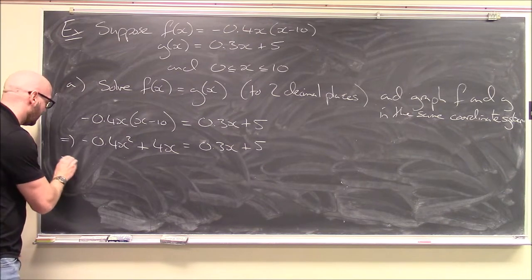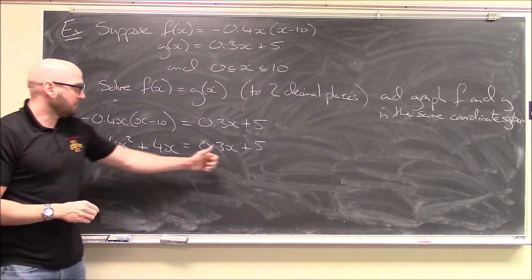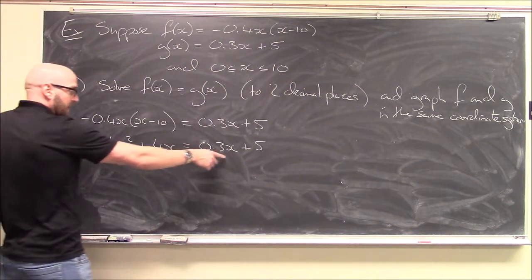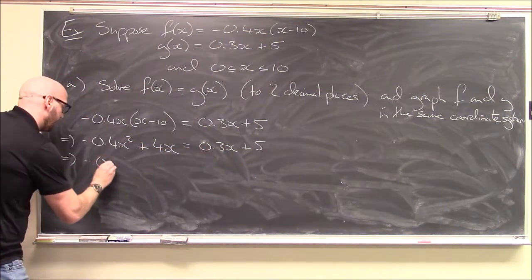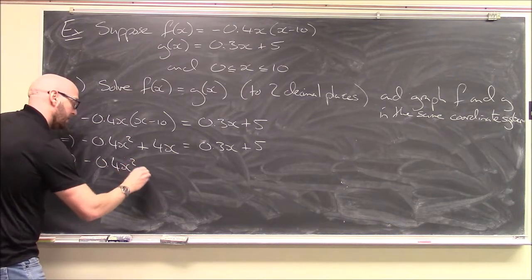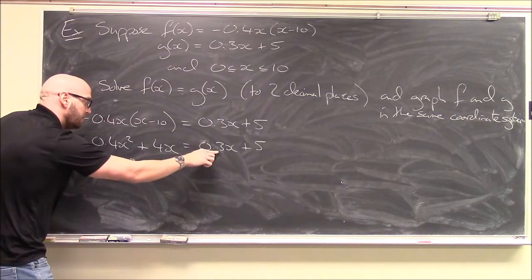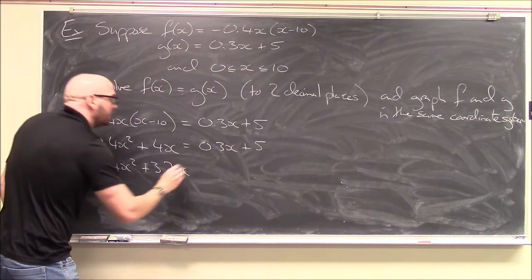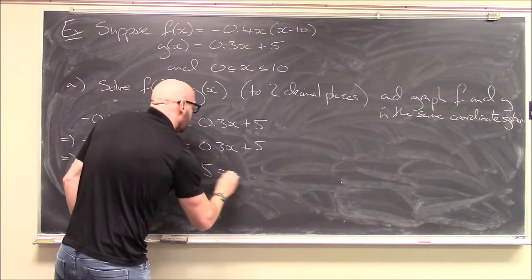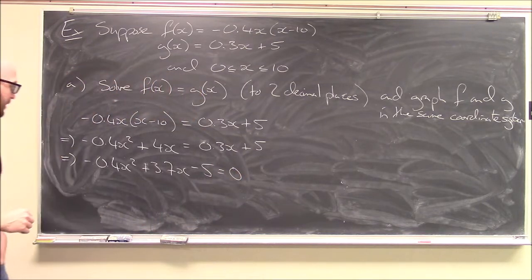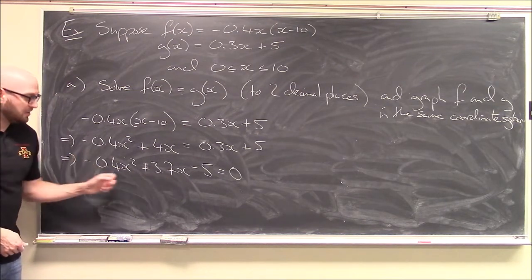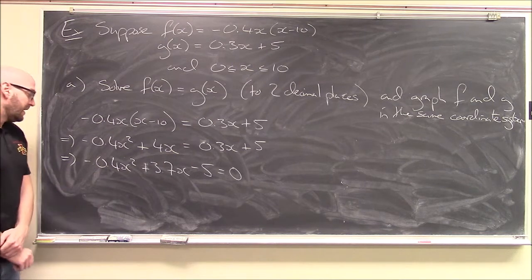And this looks just like a quadratic equation, so let's just group everything on one side and set the other side equal to 0. So I'm going to subtract 0.3x from both sides. Subtracting 0.3 from 4 leaves me with plus 3.7x minus 5 equals 0. Cool, so we've got this quadratic equation to solve. Because I don't have nice numbers here, my coefficients aren't nice integer values, they're these decimal things, I'm not going to be factoring this.